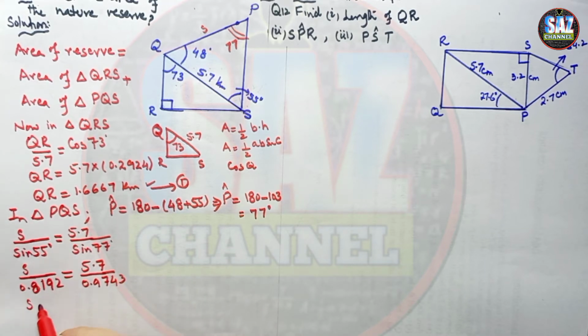So s will be equal to 5.7 multiplied by 0.8192 upon 0.9743.